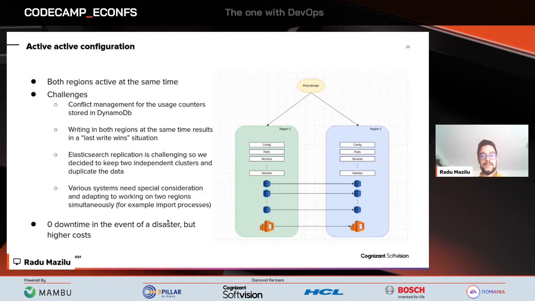And of course, how do you decide which region should do that? How do you handle that when that region maybe goes down? Because you can't have that import process running in both regions at the same time. So this is sort of an example.